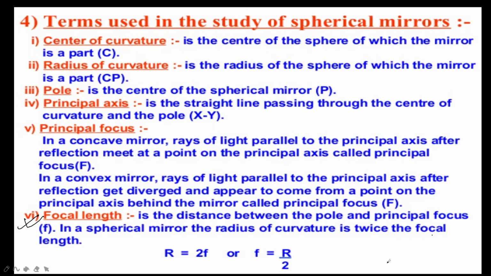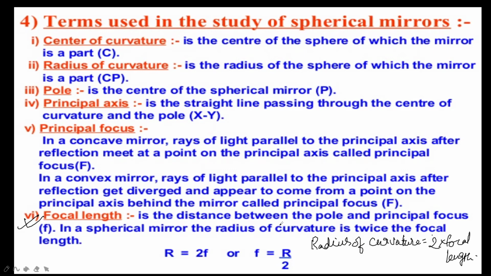So R equals 2 into focal length, that is R = 2F. This relationship is true for both concave and convex mirrors.